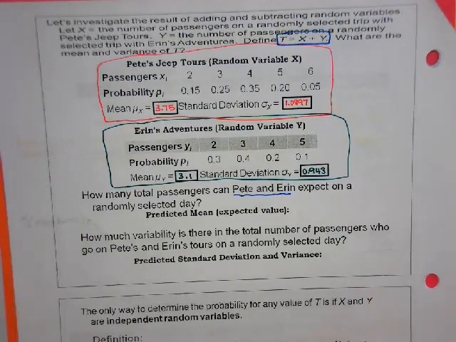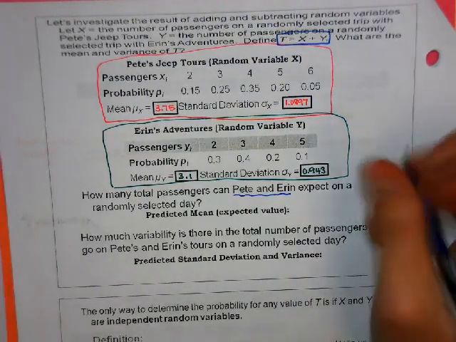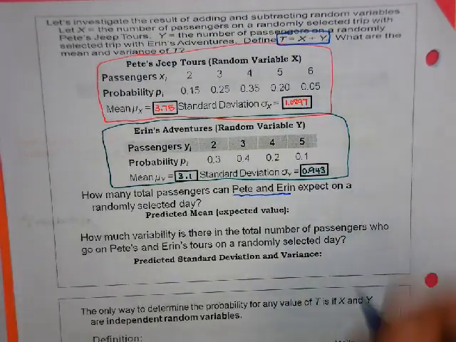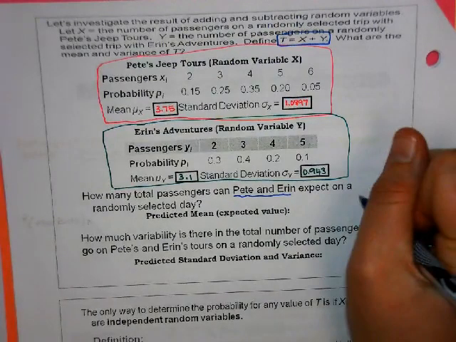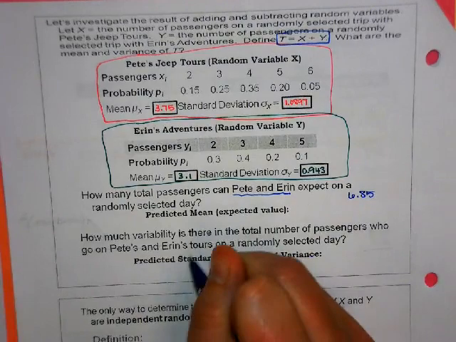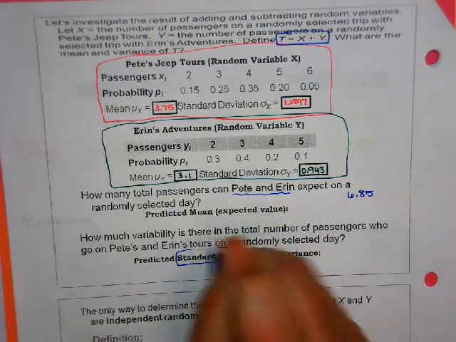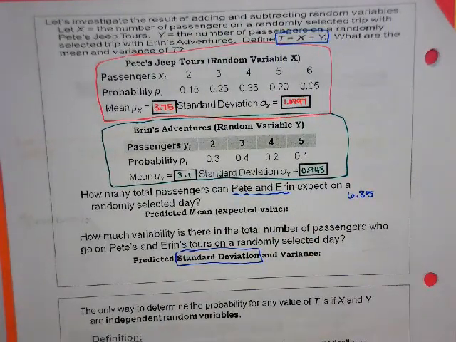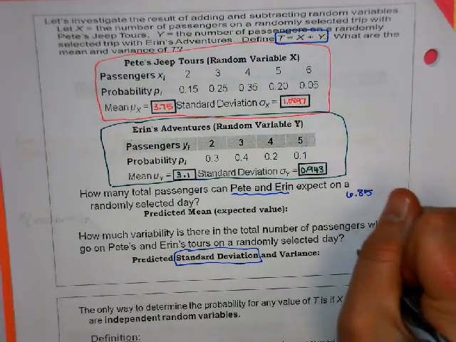Let's start back here. Miranda and Bianca, what do you guys predict the mean to be? 6.85? Okay. 6.85. And then what do you predict the standard deviation to be? 2? Okay. Back here, Jillian, Lisa, Ray. What did you guys come up with for your predicted mean?